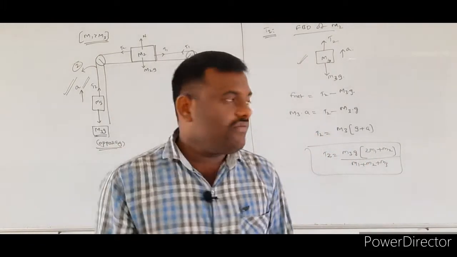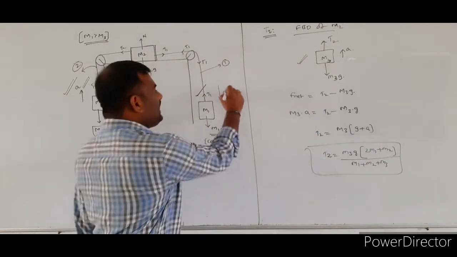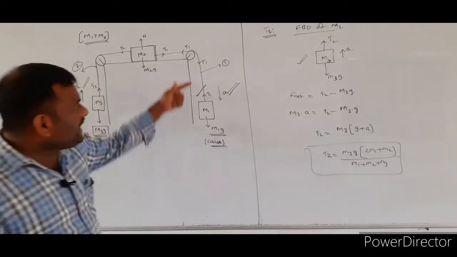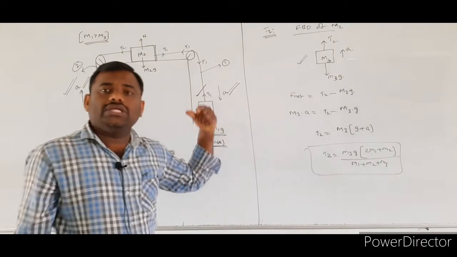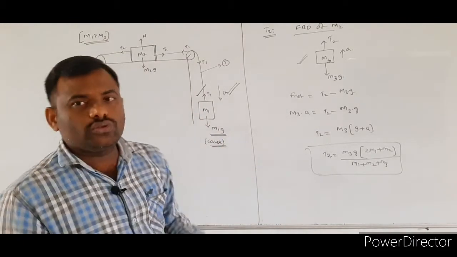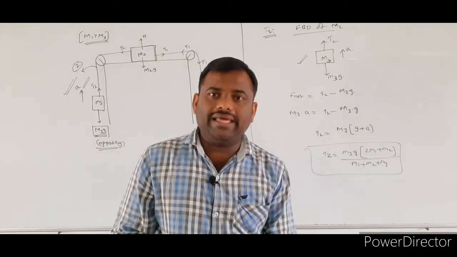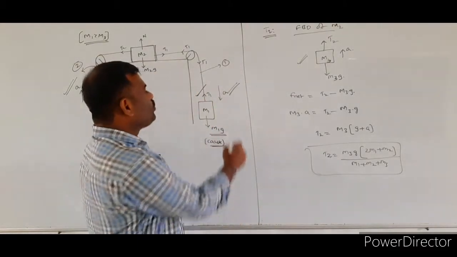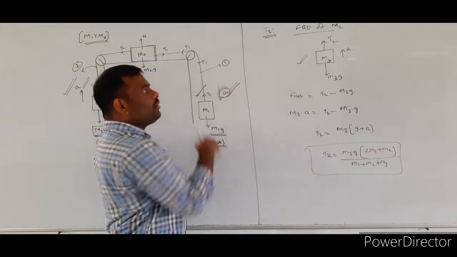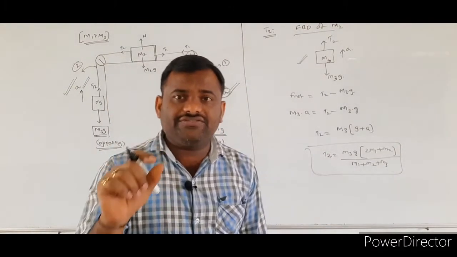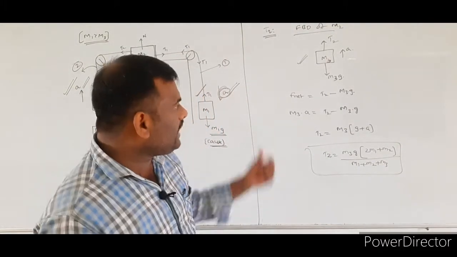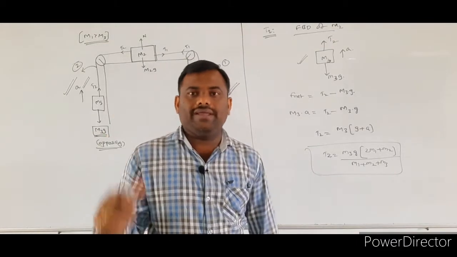So like this we have to calculate the acceleration of the system and the tensions developed within the given strings T1 and T2 respectively. To solve any application, the first thing we have to calculate is acceleration. How can we calculate the acceleration? By calculating the net force acting on the system. So like this we solved the given application.